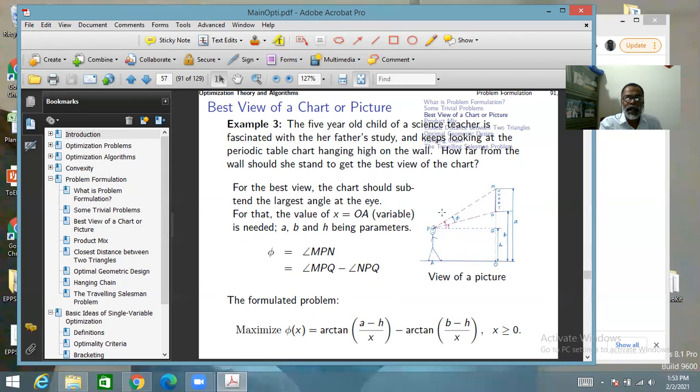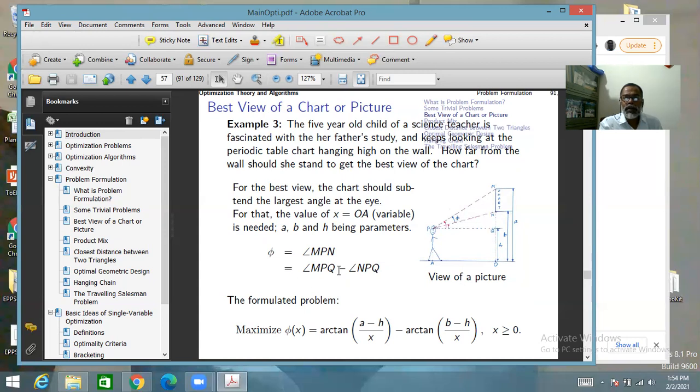So you want to maximize this angle, which is angle MPN. Okay, and that is the difference of MPQ and NPQ. Okay, the two red angles that are shown here. The difference is this phi. So phi is this angle. And formulation is over because these two angles now you express in terms of x.